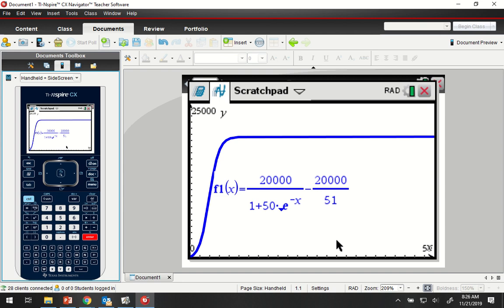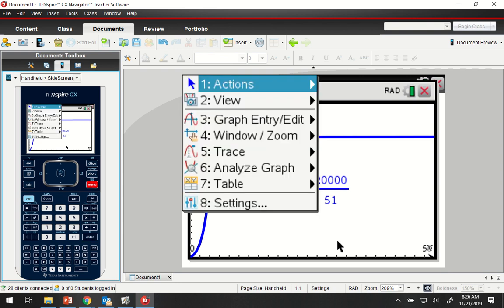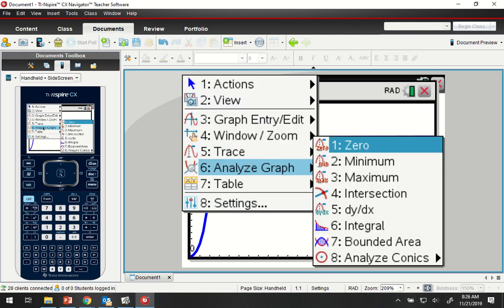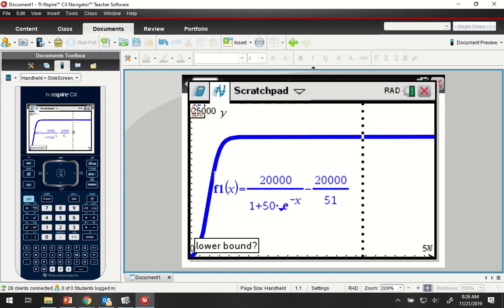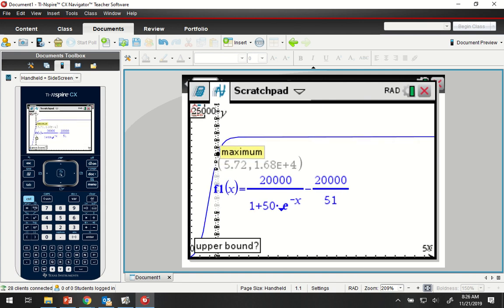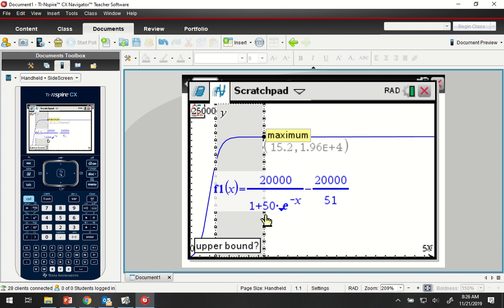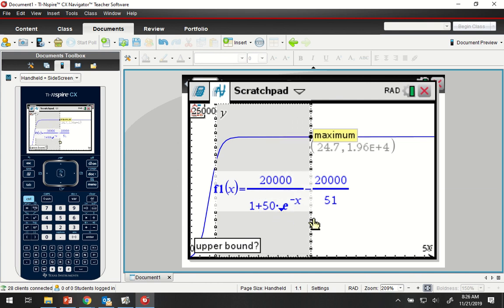So we're trying to find certain values, right? Let's try and find the max. Let's see what the calculator says. Menu, analyze graph, and we want to find a maximum. So let's pull it over here, and if you notice, look what's happening here.